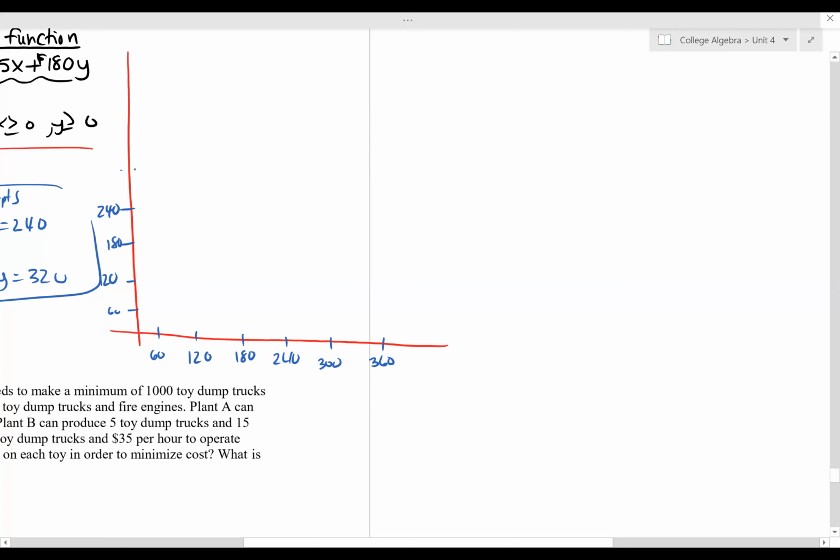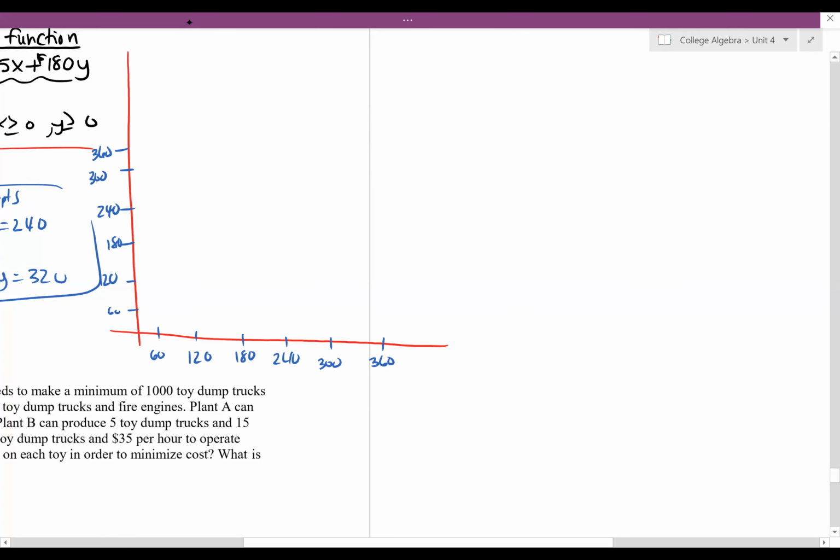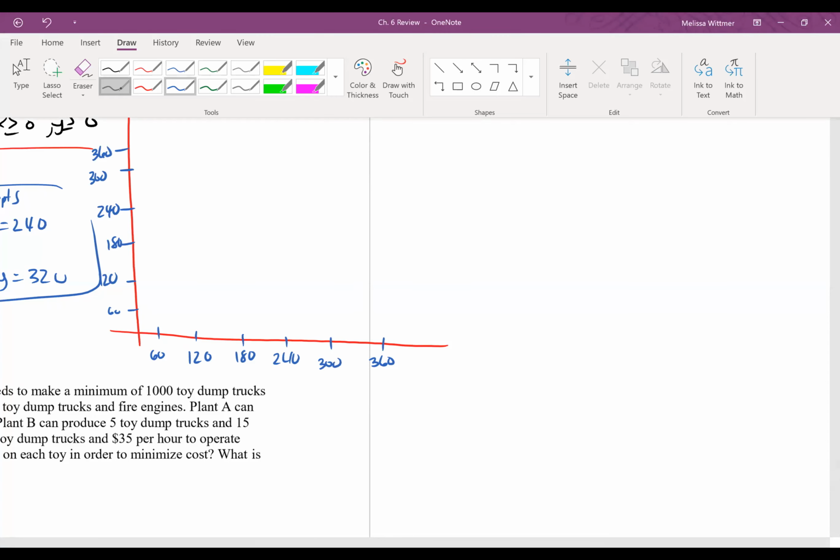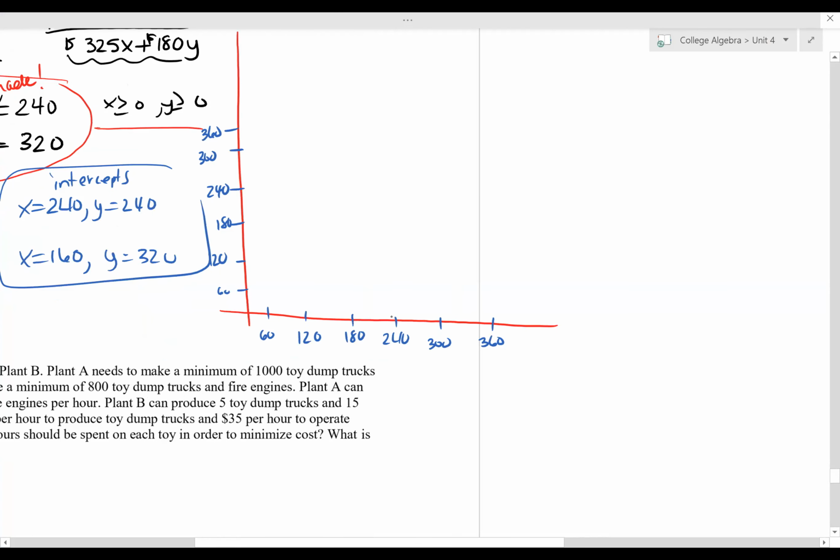So I'm using the same scale on the y-axis as I did with the x-axis, and so now I'm going to graph my intercepts. And so the first line crosses at 240 on X and 240 on Y. The second line crosses at 160 on X and 320 on Y.